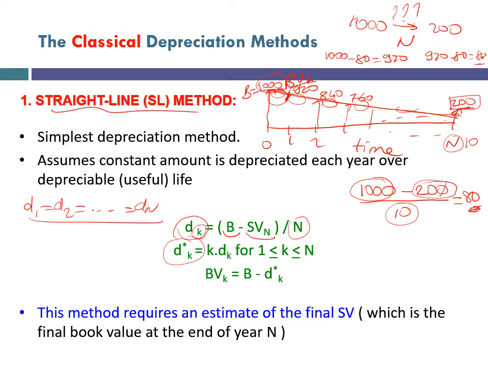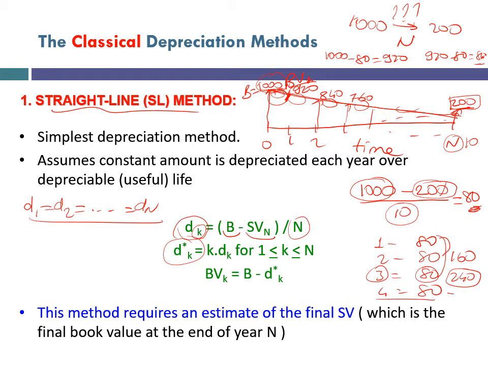Depreciation in year 1 is 80. Depreciation in year 2 is 80. Depreciation in year 3 is 80. It goes on like this. So the cumulative depreciation at the end of year 2 is 160. Cumulative depreciation at the end of year 3 is the summation of these, 240. What is 240? It is 3 times 80.